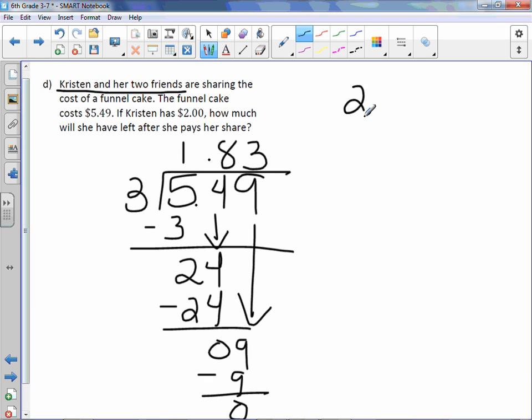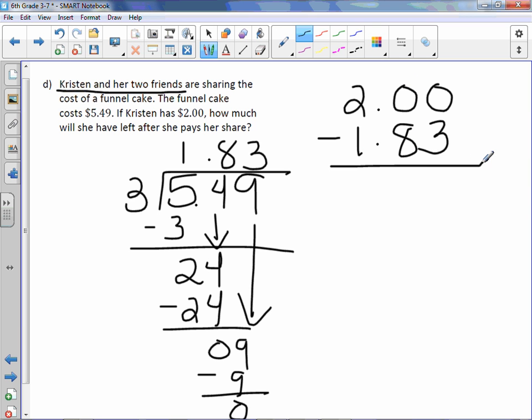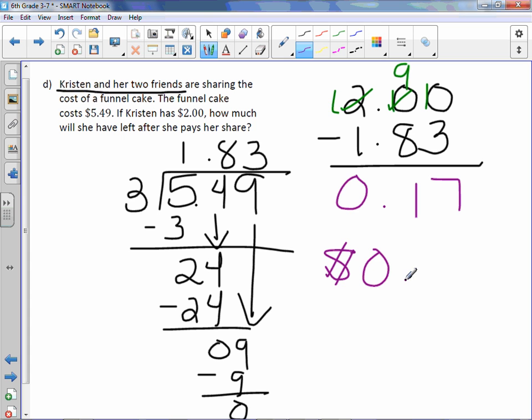To find out Kristen's change, we would take the $2 she paid minus the $1.83. Let's do some borrowing. Her change is 17 cents.